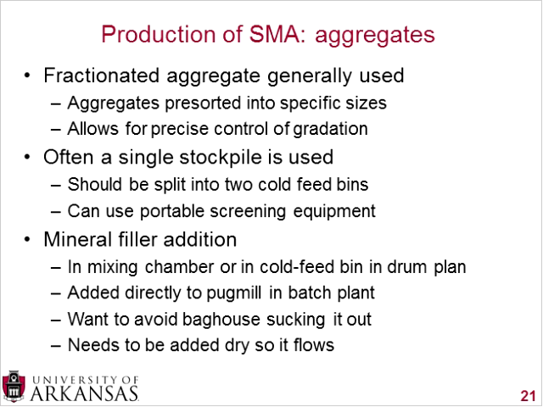For the mineral filler addition, there's a couple different ways you can go about this. You can simply insert it into the mixing chamber or in a cold feed bin on a drum plant. Both of those are acceptable. If you're using a batch plant, you can insert it directly into the pug mill. And the reason that you want to take special care of this is because a lot of plants now have baghouse fine removers.